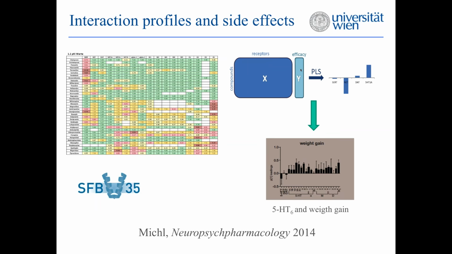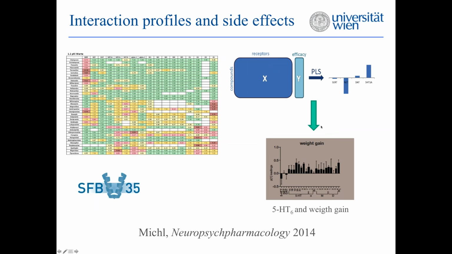Some compounds have a rapid onset, a slow onset, and how to quantify the degree of depression is not that trivial. So we couldn't really go forward here. What we could go forward with is side effects.